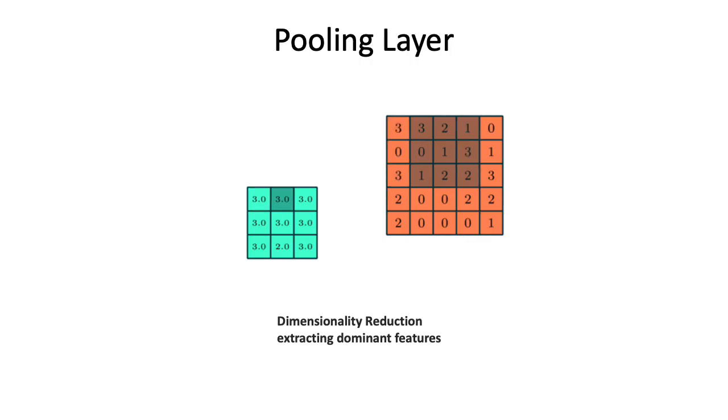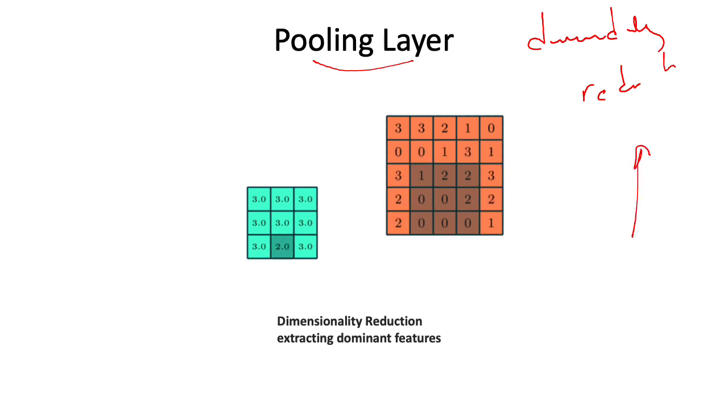When it comes to the pooling layer, the pooling operation is a dimensionality reduction operation. We're trying to reduce the size of our inputs while we move forward through different layers. If we are using something called max pooling, for instance, again we choose a sliding window.